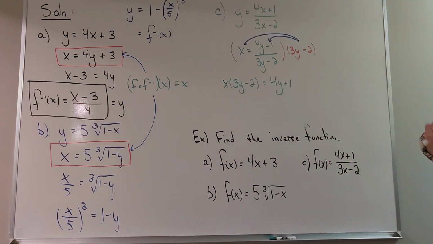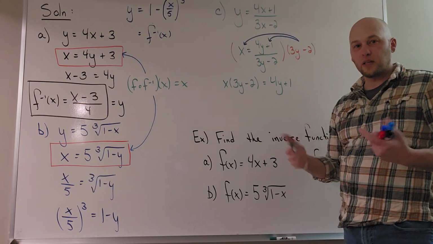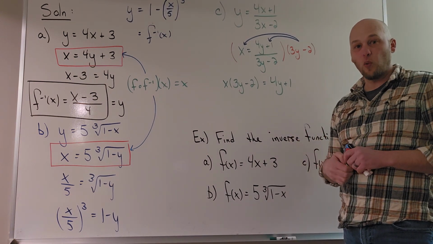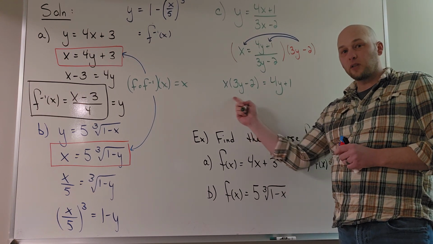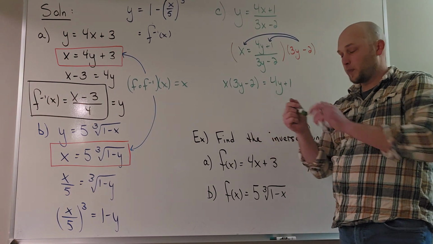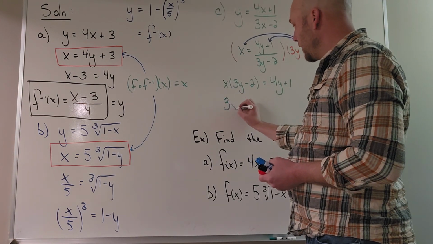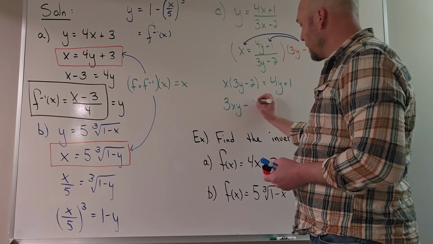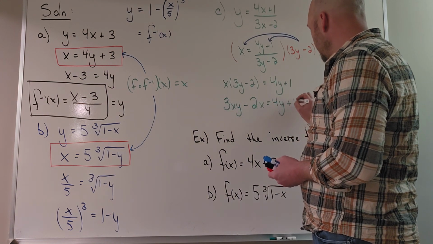Okay, so now I've got y's out of the denominator, but I still have y's on both sides. So I have to get y by itself, meaning I'll have to group the y terms together. The way I'll do that is I'll take this x and distribute it through the parentheses. That will allow me to maneuver terms. So 3xy minus 2x is equal to 4y plus 1.